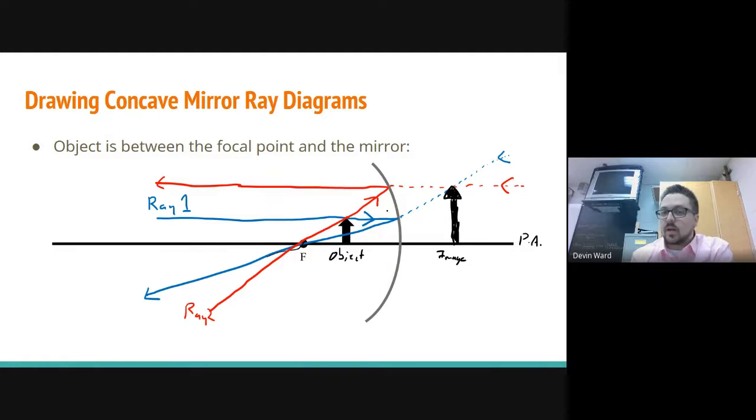Here, they're not parallel, so we can extend the reflected rays back, okay? So reflected ray, and this one is also the reflected ray.